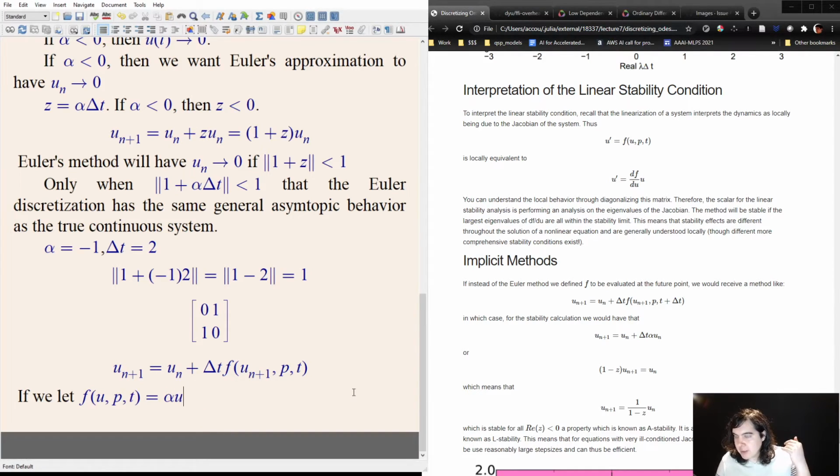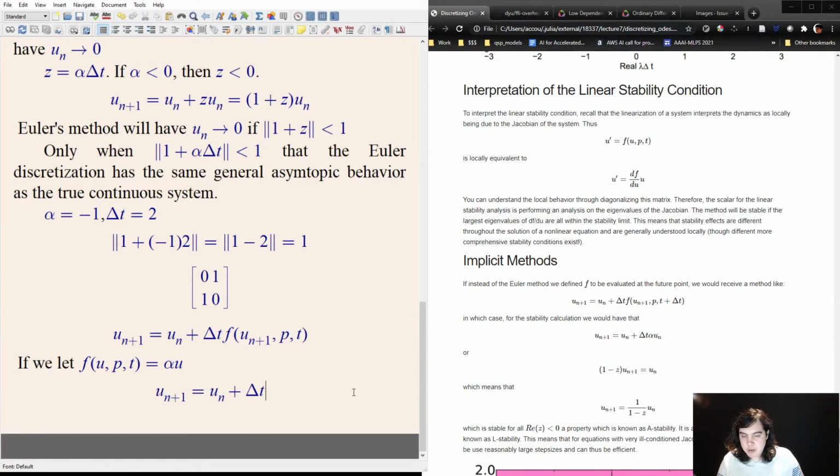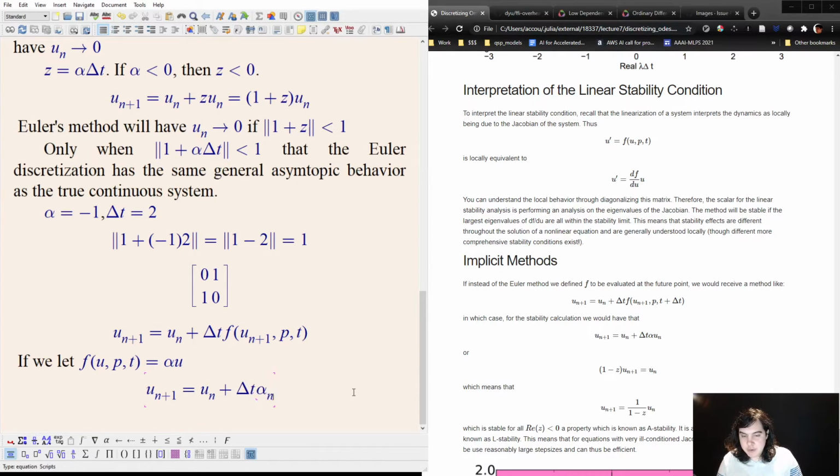We want to calculate what happens for our numerical method on the linear ODE. So let's assume we have the linear ODE. Then the method is u_{n+1} = u_n + Δt α u_{n+1}. Why u_{n+1}? Because it's f of u.